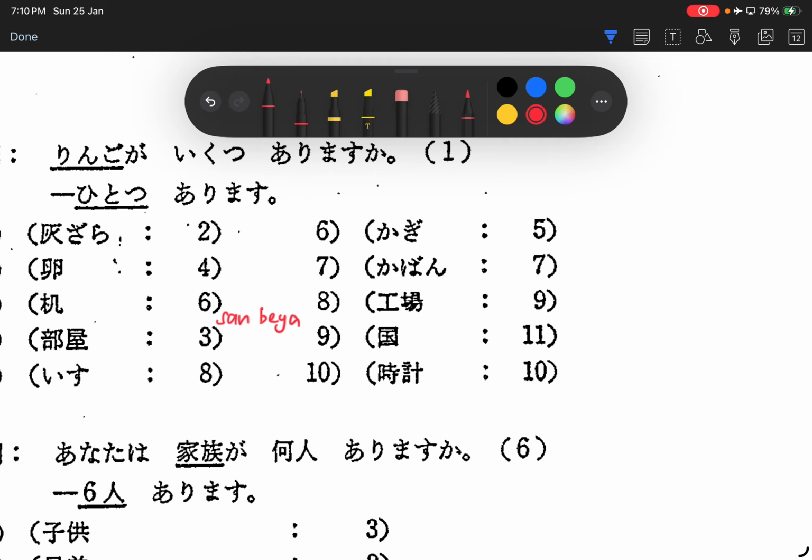Property. The property one. The house, the semi-detached house.